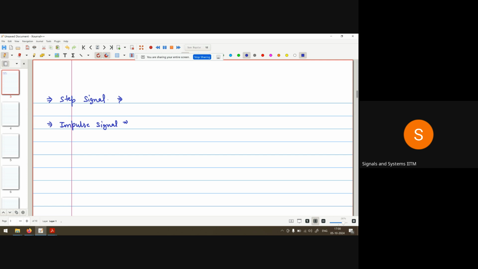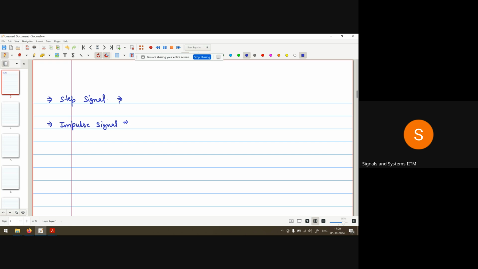So can you tell me what is the step signal and what is the impulse signal? Tell me what is the mathematical equation of step signal, ramp signal, impulse signal?